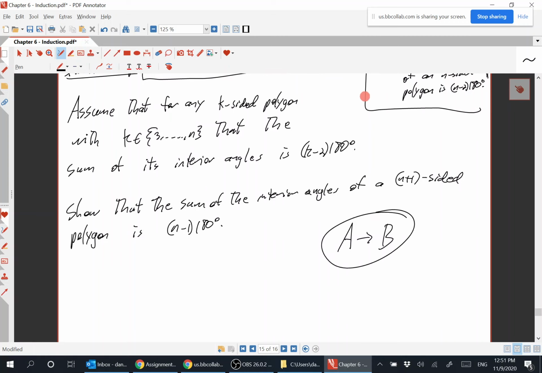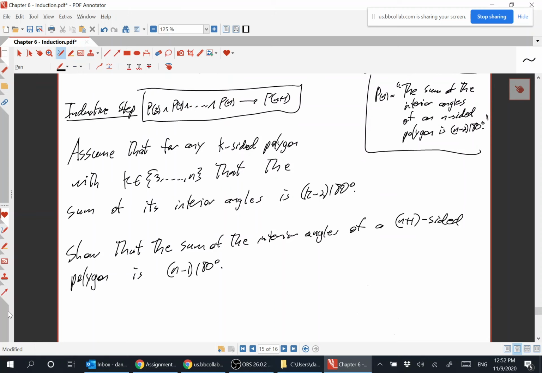So the direct proof is what? You assume A, show B. That's what we're doing here. Assume A is true, show B is true. So the A, the hypothesis of the implication statement, is this. So we're assuming this is true.